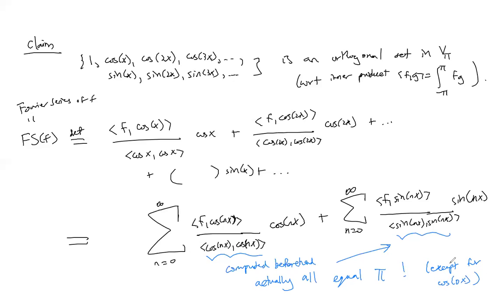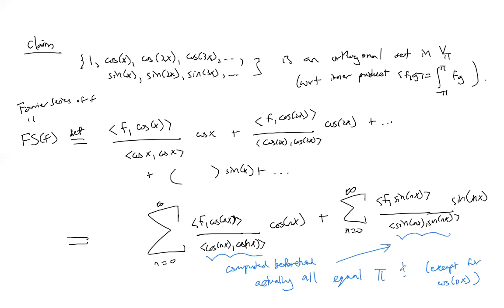So that's kind of a separate case, but they all equal pi. Otherwise, it equals 2 pi. And so the point is now we can simplify this and define the Fourier series probably as it's defined in the book.